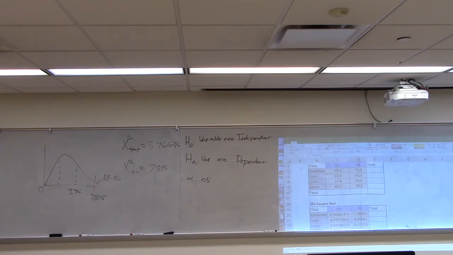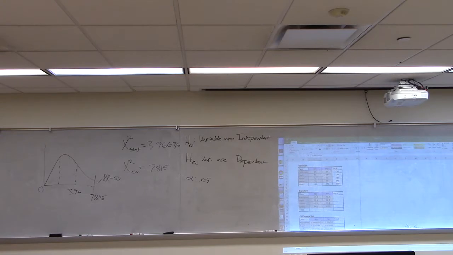Okay, sorry about that. So let me just do it again. Equals, parentheses, so it's observed minus expected squared divided by expected, right?